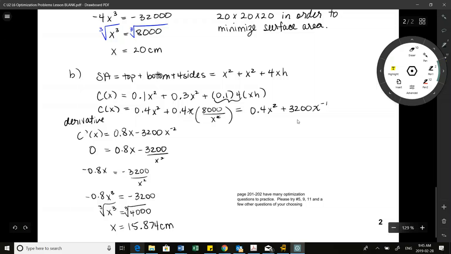Okay, and we plug this back in to get our height, of course. You can actually even just plug in the cube root of 4,000 down there if you want. Actually, I might just do that. 8,000 divided by answer. So I got 31.748.